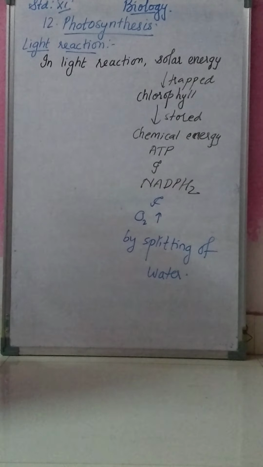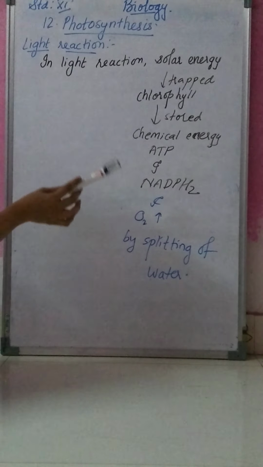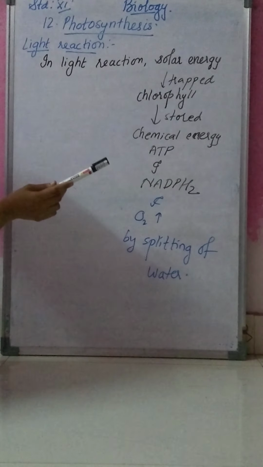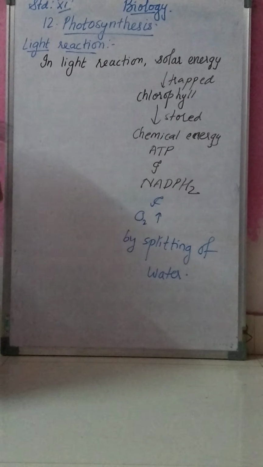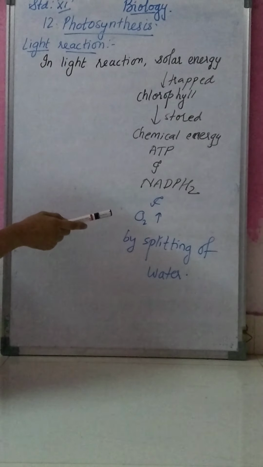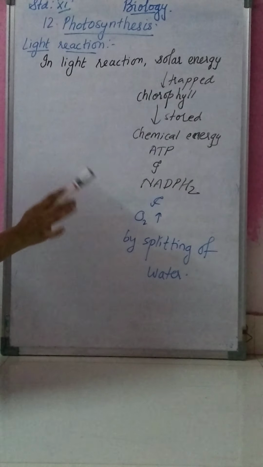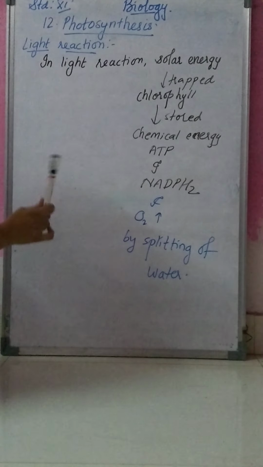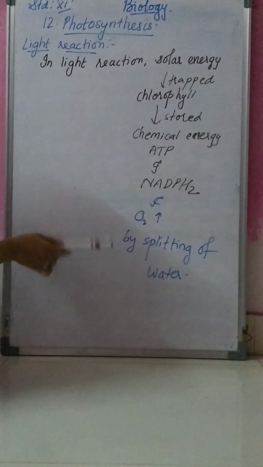Already I have given in my last lecture the full form of ATP and NADPH2: nicotinamide adenine dinucleotide phosphate, and H2 is for hydrogen. Then in this reaction, oxygen is evolved, and oxygen is evolved by the splitting of water.